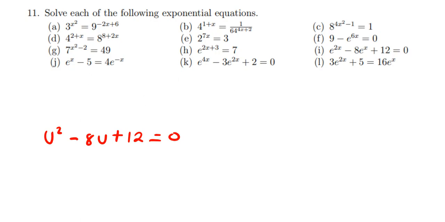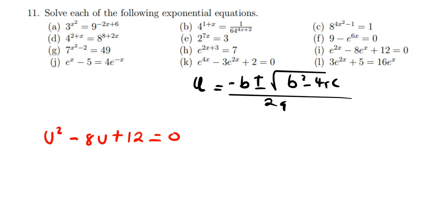If that is our equation, what are we going to do? Therefore u will be equal to negative b, positive or minus the square root of b² − 4ac, over 2a. So negative b: our b is 8, so negative b is positive 8.